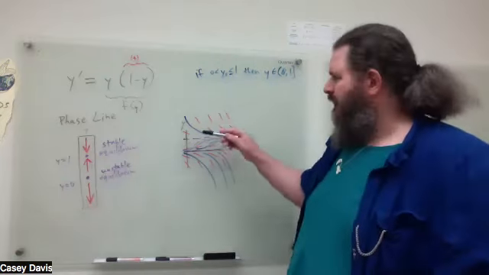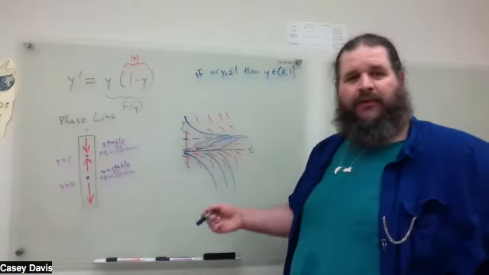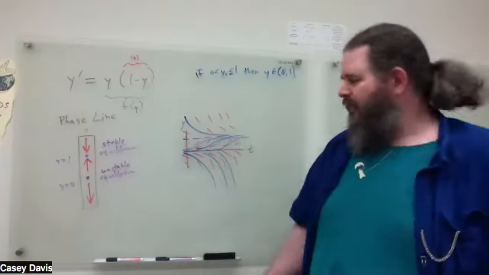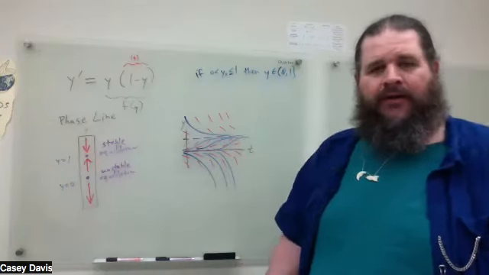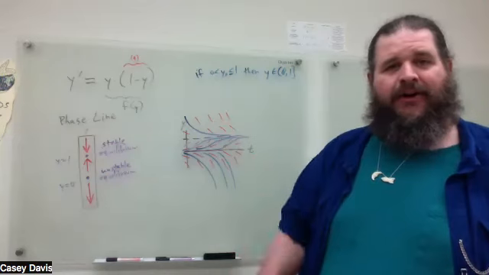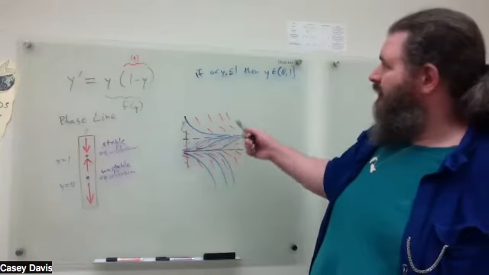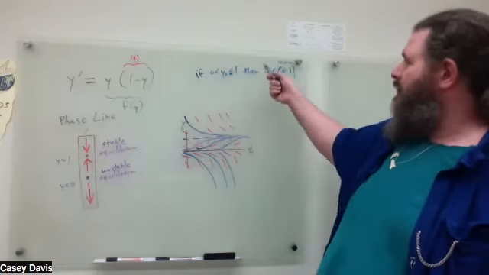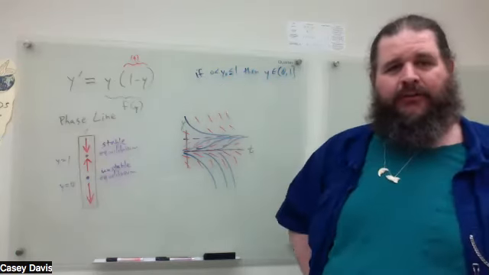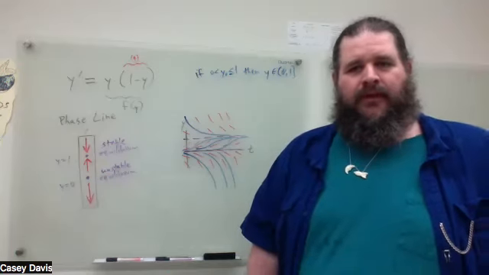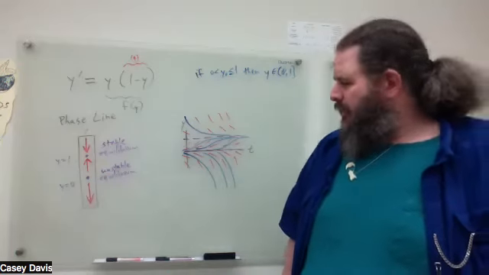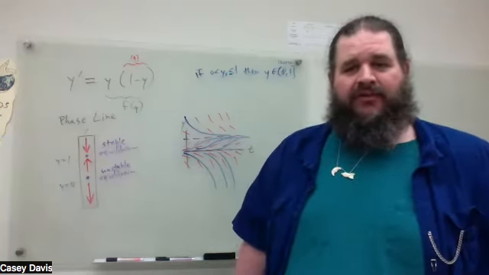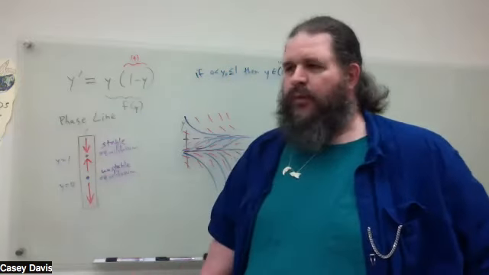And then likewise, if y naught is greater than 1, then y is in the range from 1 to positive infinity. And if y naught is less than 0, then y is in the range from negative infinity to 0. So you can write it as if-then statements. If the initial condition is within a certain range, then all the y values will be within a certain range. So I think that's probably how you're expected to describe the solution in terms of where we can expect it to be.